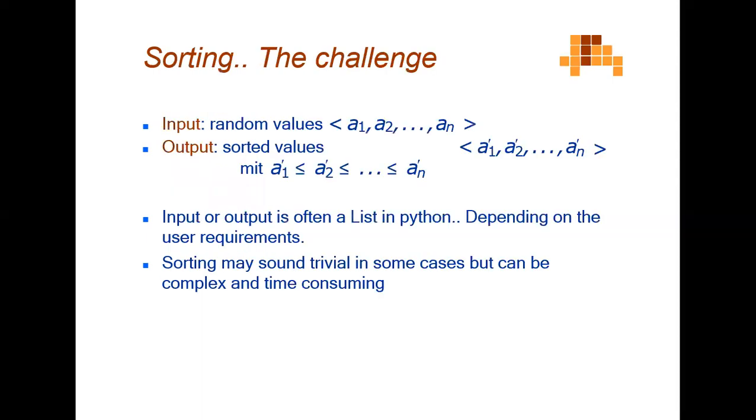So when we want to sort something, we have the challenge that we have an unordered list of items. Maybe they are strings, maybe integers, maybe doubles, but it could also be a list, a dictionary, or a map, and we want to sort the values. We want to find a way to sort them.